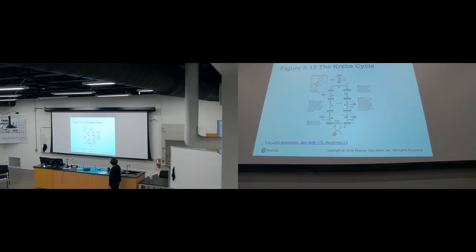Succinyl-CoA is going to transfer a high energy molecule, inorganic phosphate, into this GDP to form GTP. And then this GTP is going to, through substrate phosphorylation, transfer this inorganic phosphate into ADP to form ATP.